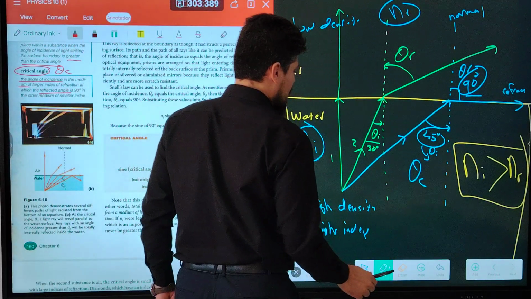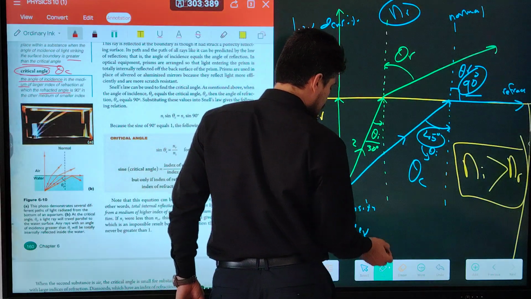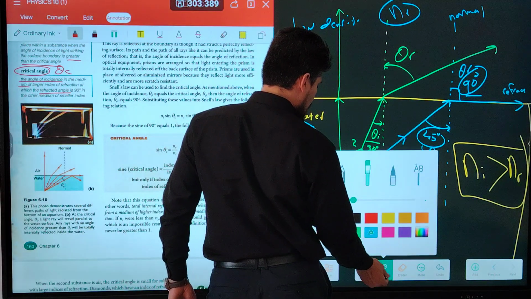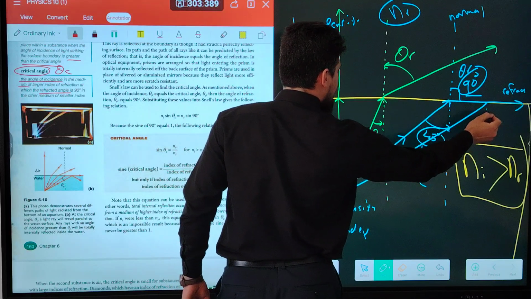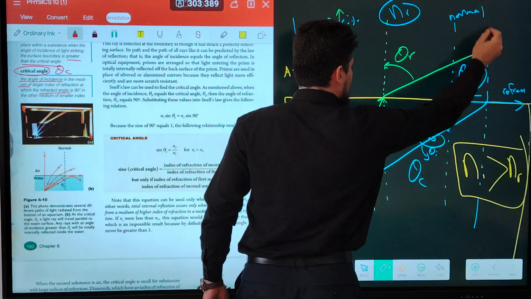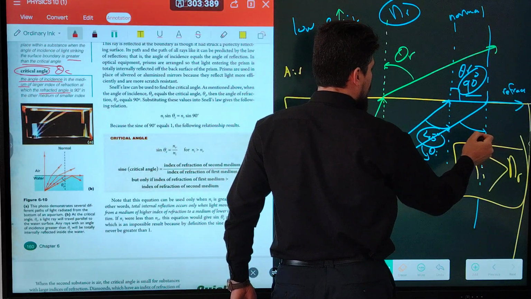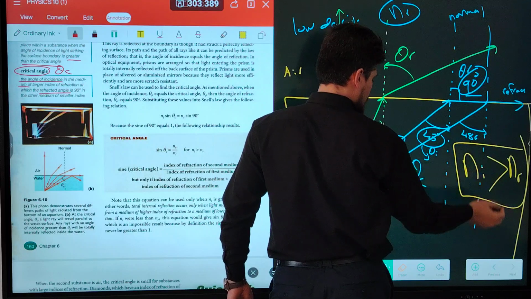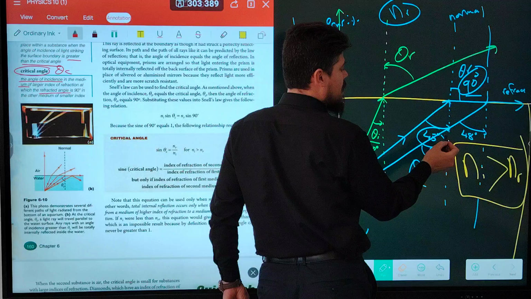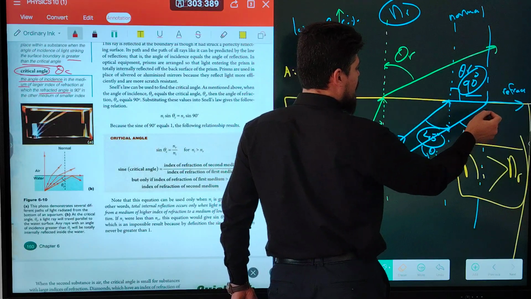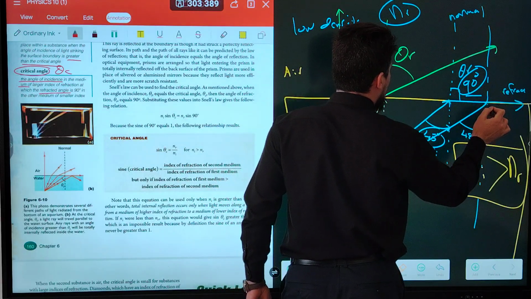So what is the total internal reflection? In total internal reflection, if the angle of incoming is bigger than the critical angle, for example, 48, the light does not refract.